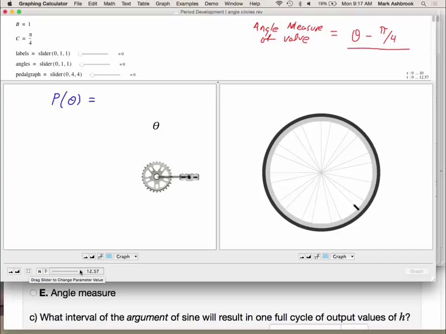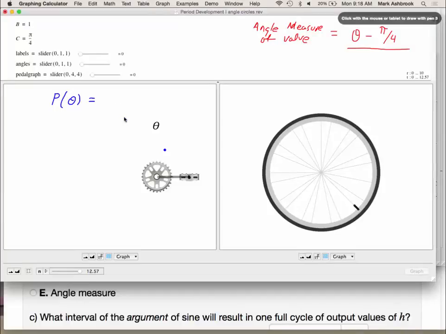Okay, so now they have a couple functions, P and T, there. P is the vertical distance above the horizontal diameter of the pedal. Is it in fraction of a radius? Isn't it radius length? Is that what it says? Yes.